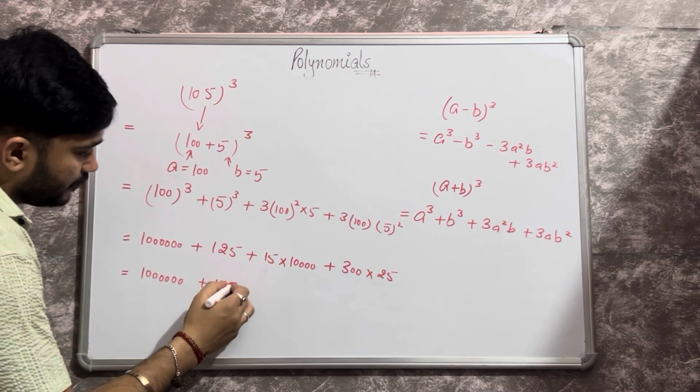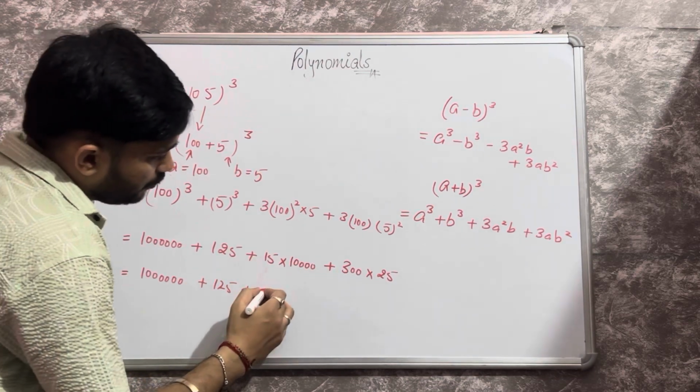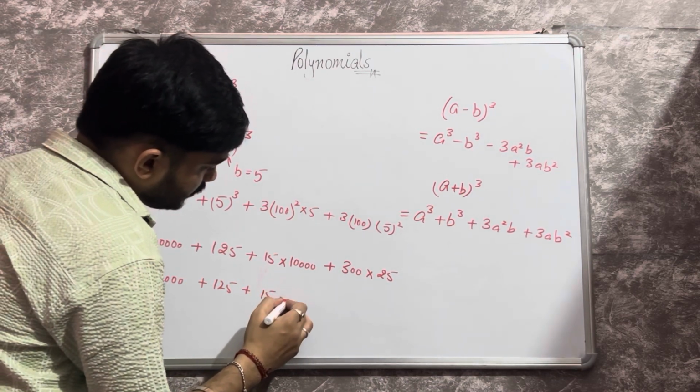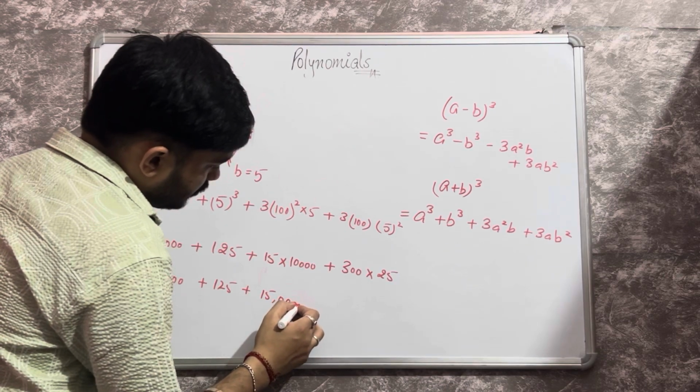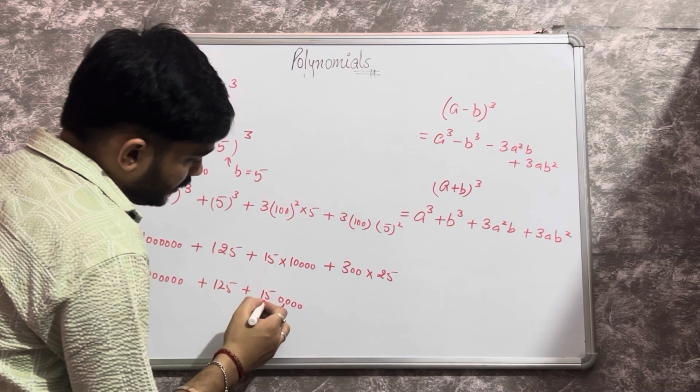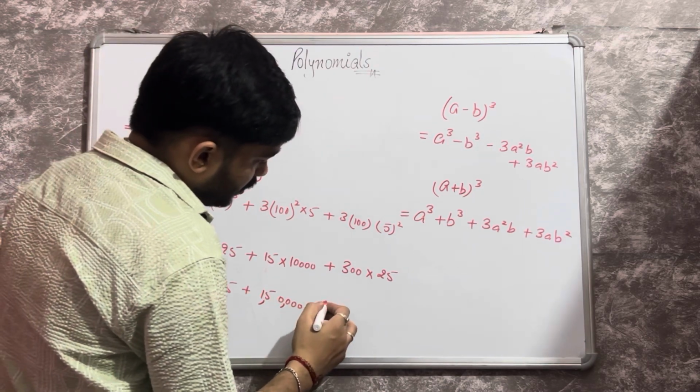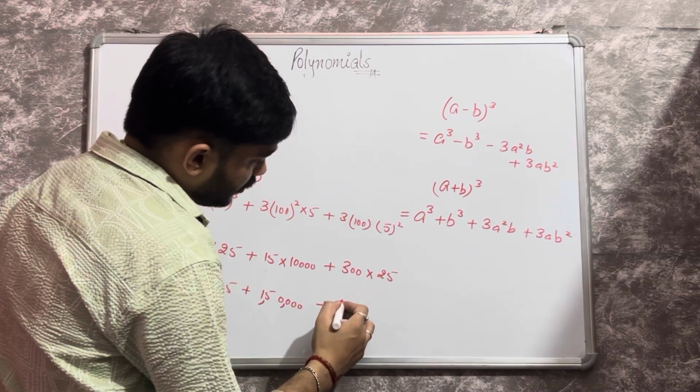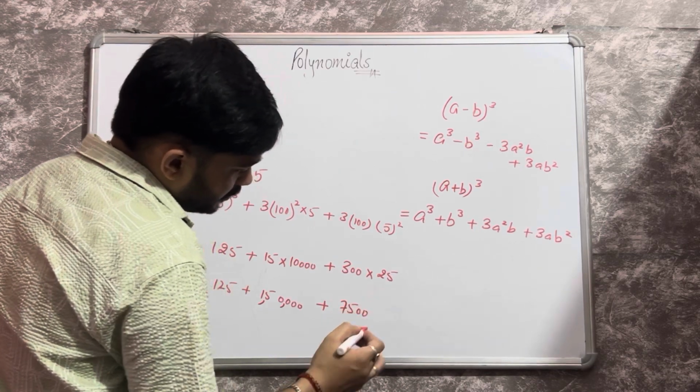Plus 125, plus 15 into 10,000 is 1,50,000. Plus 300 into 25 is 7,500.